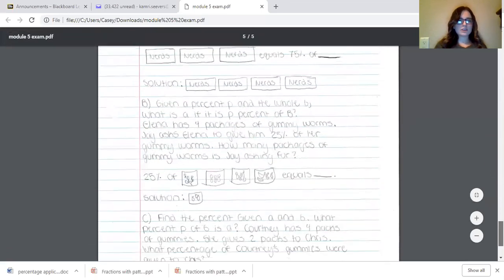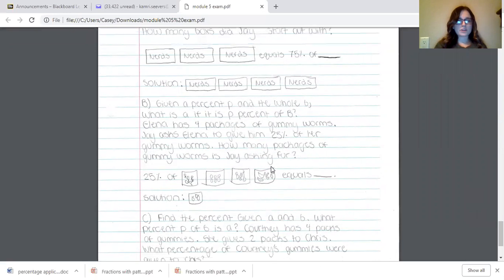And for B, given P% and the whole B, what is A if it is P% of B? And our problem is Elena has 4 packages of gummy worms. Jay asks Elena to give him 25% of her gummy worms. How many packages of gummy worms is Jay asking for?